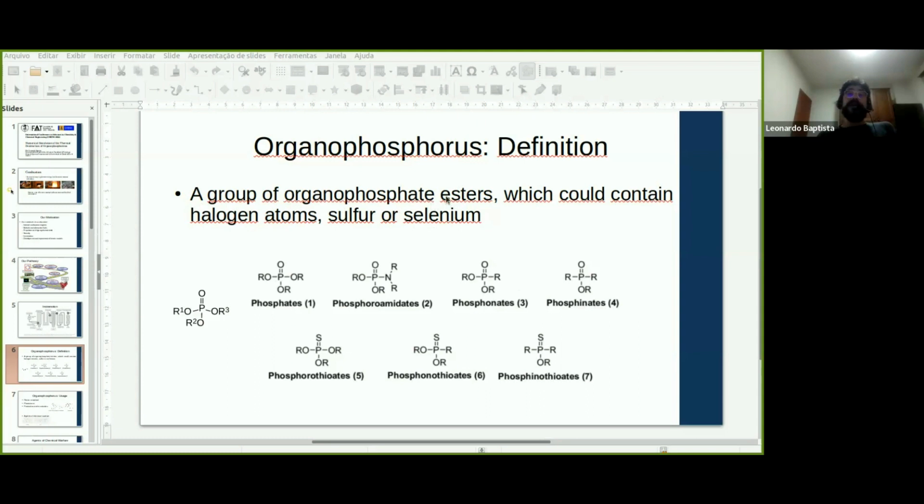HF is an acid gas, a gaseous species that cannot be released in the atmosphere because it is poisonous. So we need to remove HF before the gas is released in the atmosphere, because it can cause accidents.